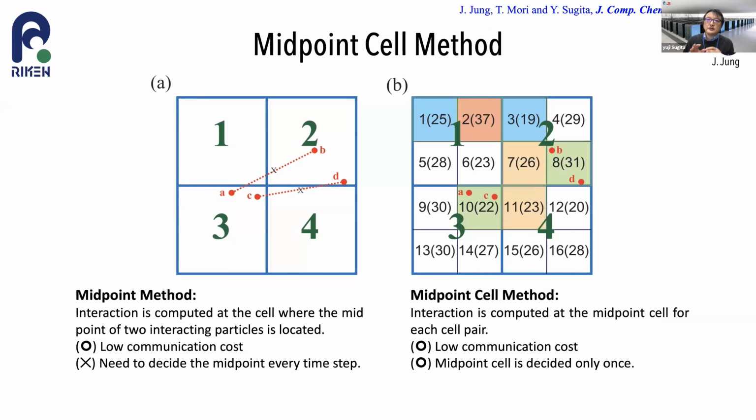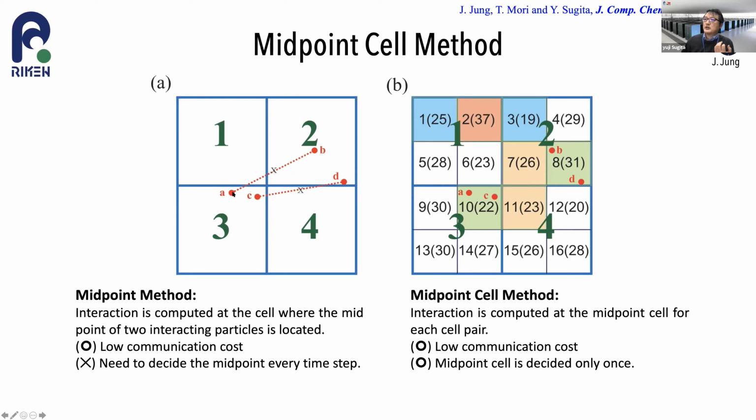So what we introduce in our MD program is the midpoint cell method. This is actually a cell version of the original midpoint method, which was developed in D. E. Shaw Research. In the original method, the computation is done at the midpoint of two interacting particles.